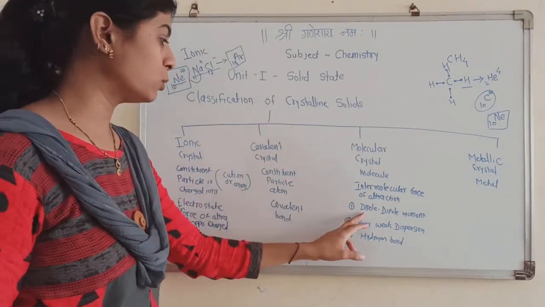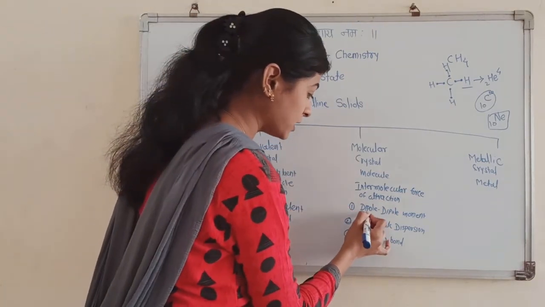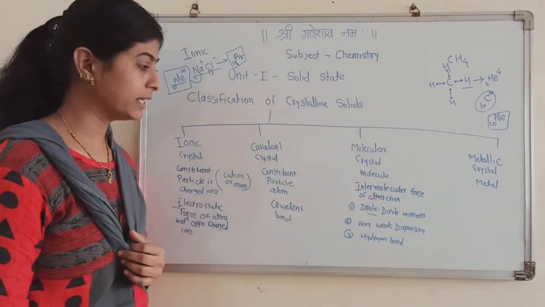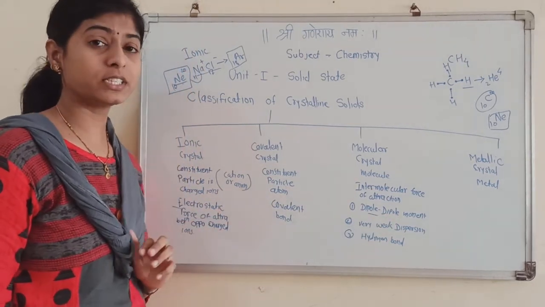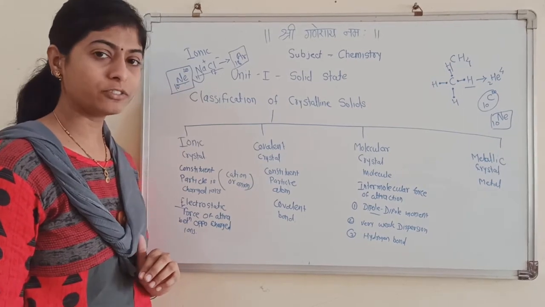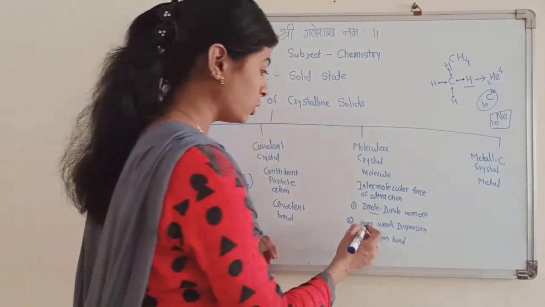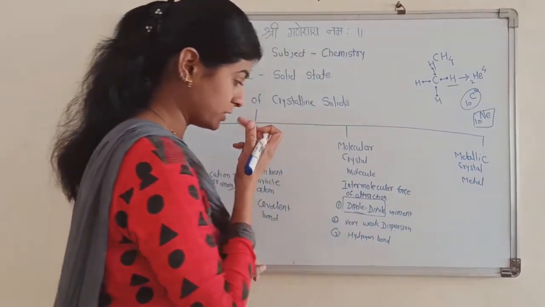Now dipole moment means the negatively charged pole of one atom gets attracted toward the positively charged atom or ion of another atom. So dipole interaction happens between oppositely charged poles.